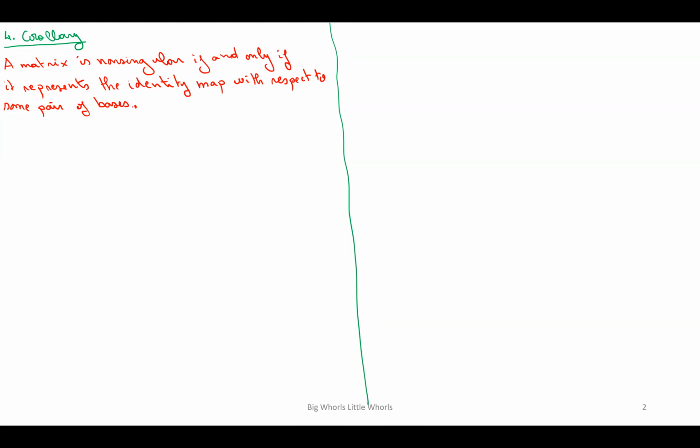But the subtle information given here is that, let's assume the matrix to begin with is non-singular and it contains a bunch of numbers and it's not an identity matrix. But what this corollary is telling us directly is that we can change that matrix into an identity matrix with respect to some pair of bases.